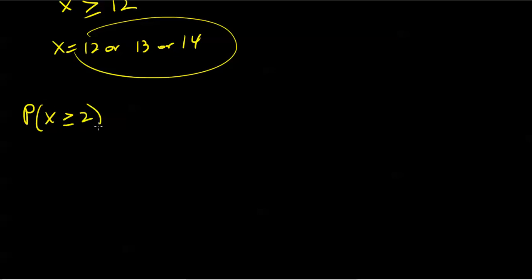So let me go and make the substitution. The probability that X is greater than or equal to 12 in this scenario, well, I'll take the 12 case. Well, remember we've got 14 people.